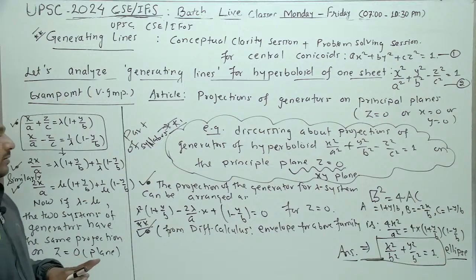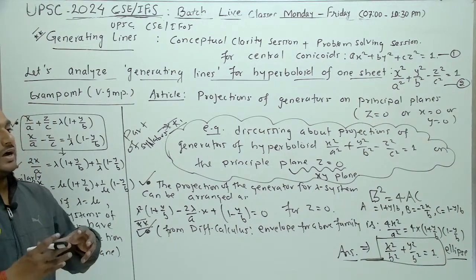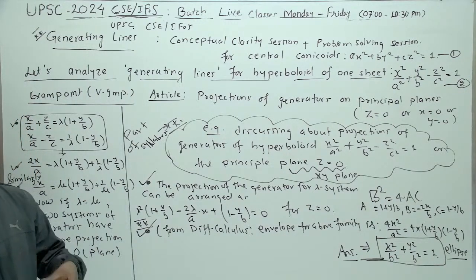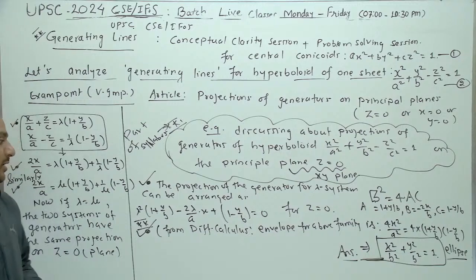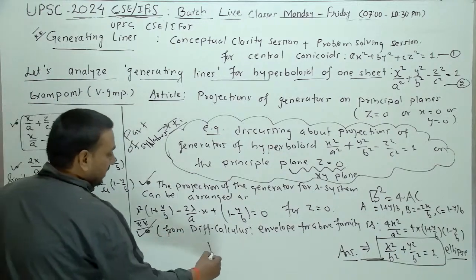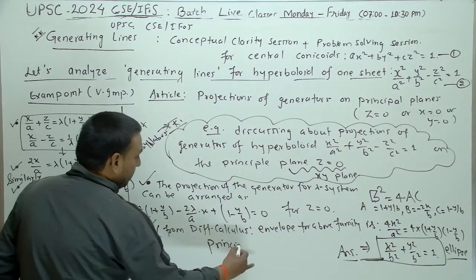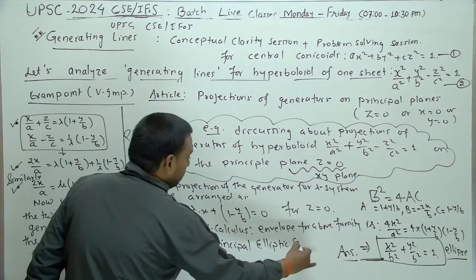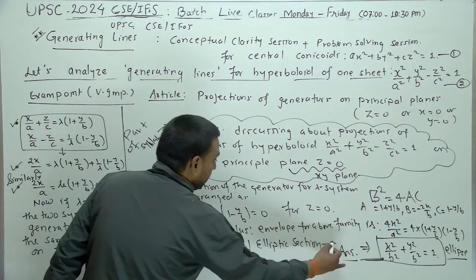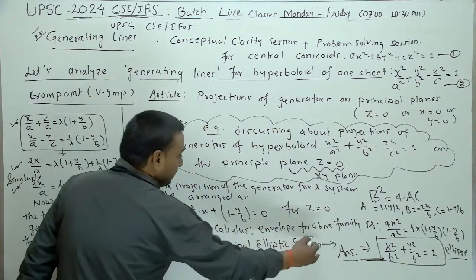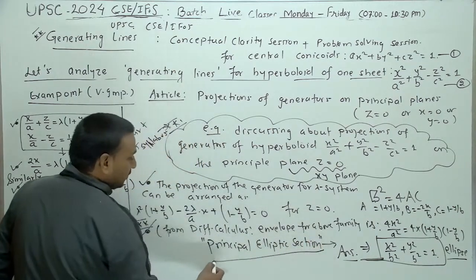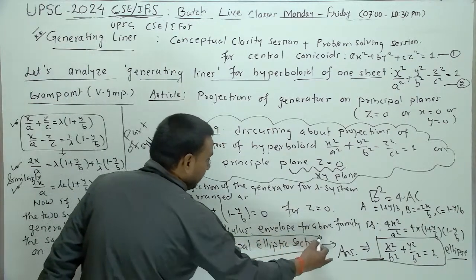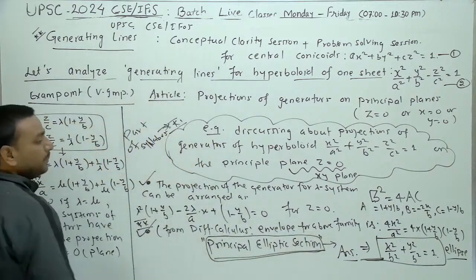Please write it down very smoothly, because after this it will be called the principal elliptic section. Please highlight this word, because in your exam you will have this in the PYQs, principal elliptic section.